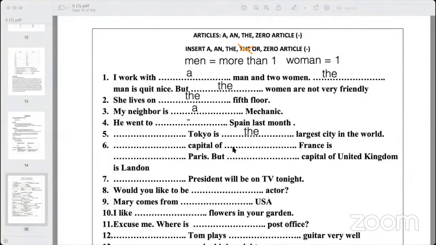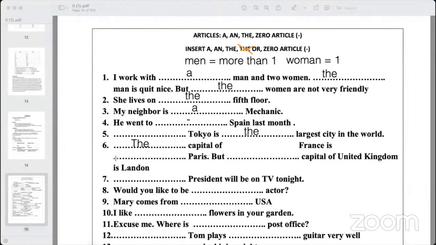And then we have something capital of something France. So it would be the capital of France. I don't know why there's a gap there. Let me just hide that for you guys so you don't get confused. So the capital of France is Paris.